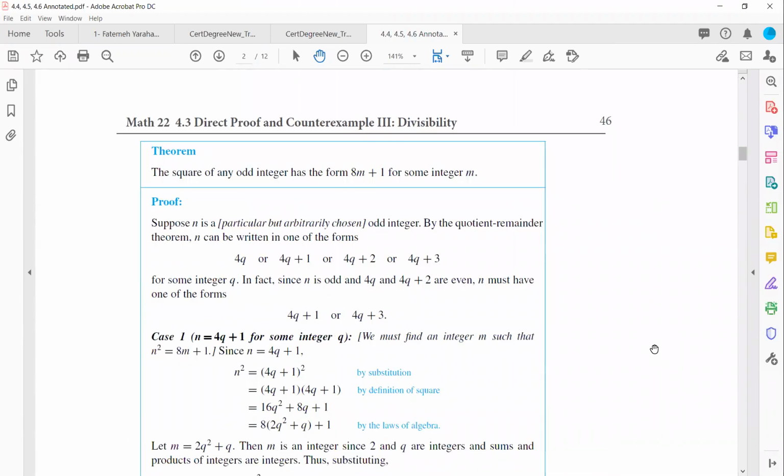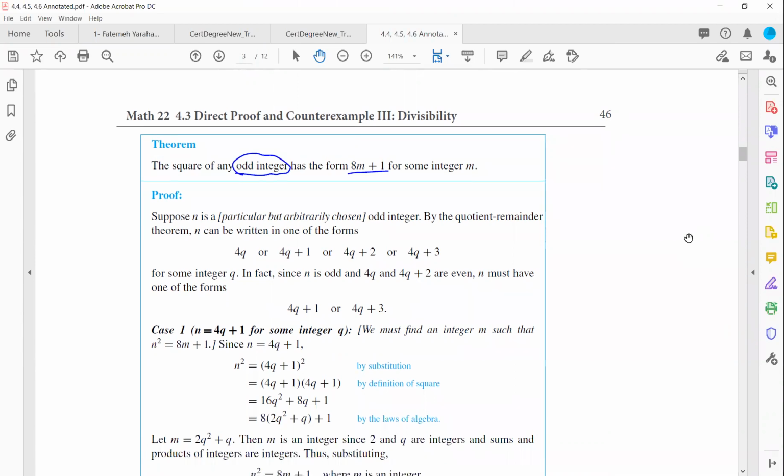Theorem: the square of any odd integer has the form 8m plus 1. In the previous theorem, we learned that any integer divided by 4 has one of these formats: 4q, remainder 0, or 4q plus 1, remainder 1, or 4q plus 2, remainder 2, or 4q plus 3, remainder 3.